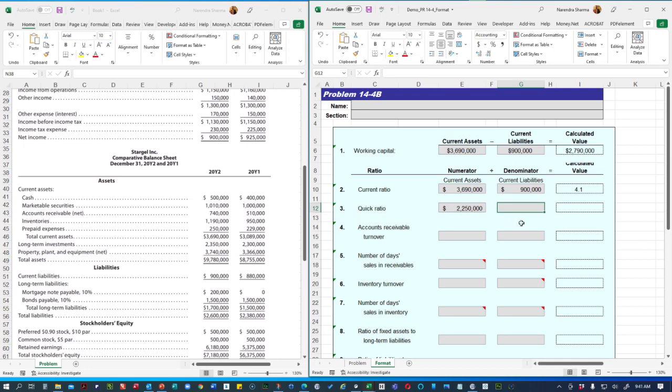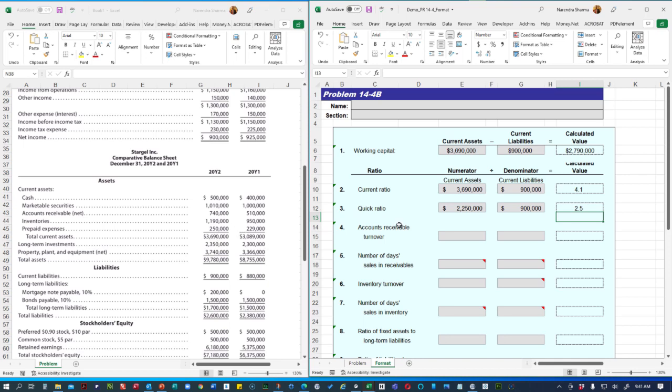So the amount works out to be 2,250,000, and then the current liabilities are same. So current liabilities are of course 900,000. So we get a ratio, let's see, 2,225,000 divided by 900,000 will be 2.5. So that will be the quick ratio. Again, remember the concept, quick ratio will include only cash, marketable securities, and accounts receivable.